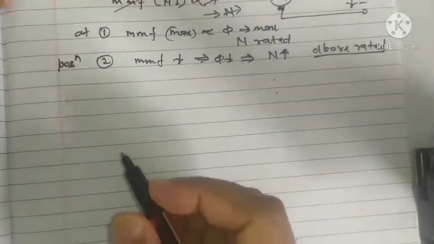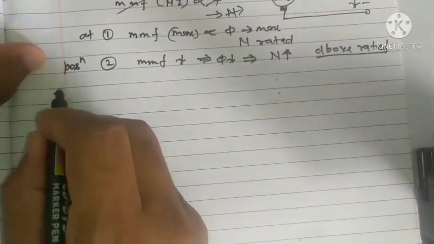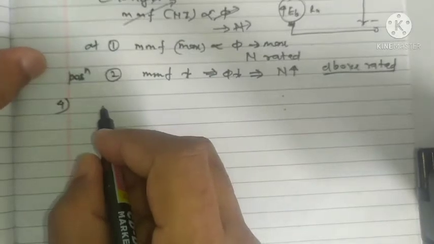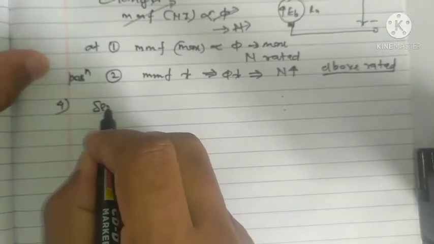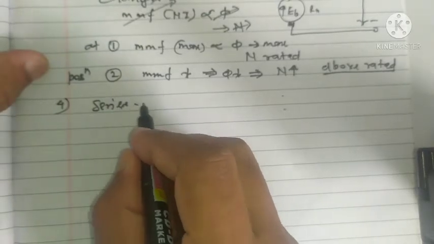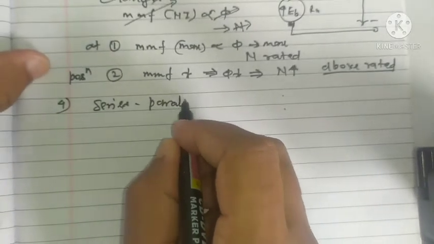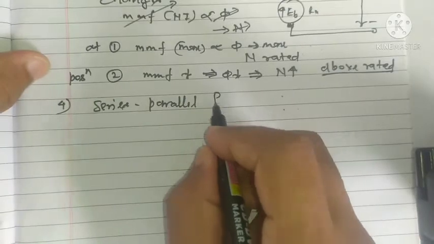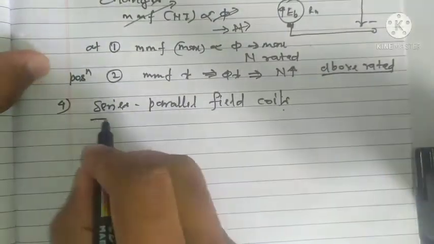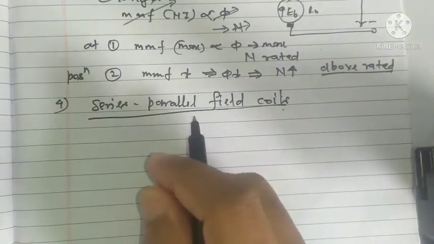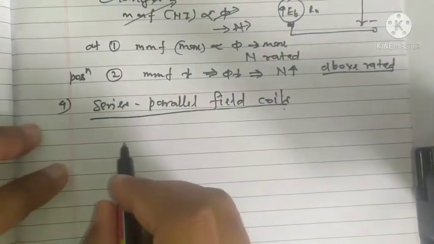Next method is series parallel field coil connection. So field coils will be connected in series and parallel.